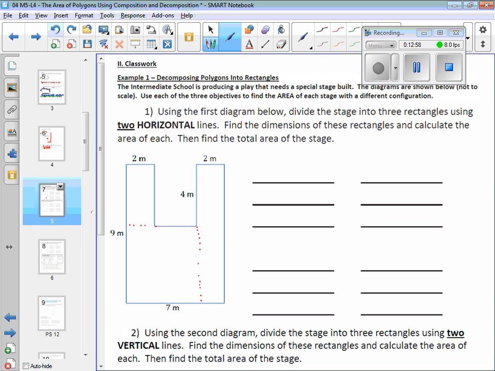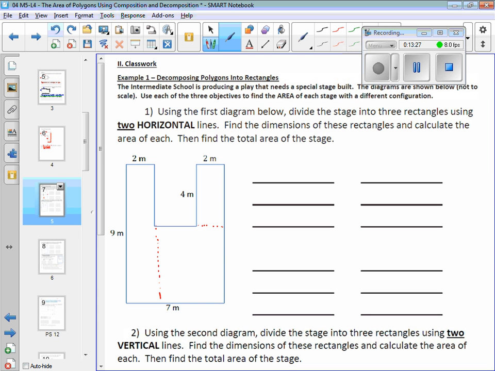Yes. Absolutely. I have a rectangle, a rectangle, and a rectangle. That's 3. Can I do it this way? Yes.